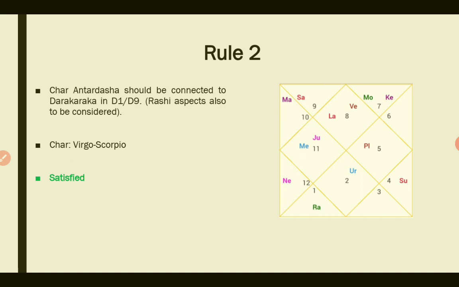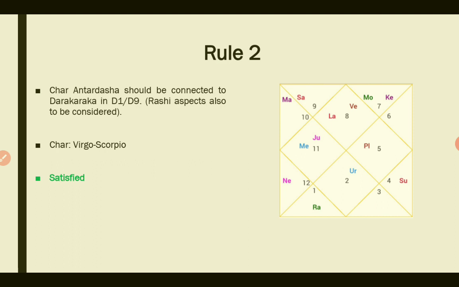If you look at the Navamsha of the native, Rahu is situated in Aries. The Chara Dasha sequence which was running during his marriage was Virgo, Scorpio. So the Antardasha is Scorpio. Now let us look at how Scorpio is connected to Rahu. We can see that Scorpio and Rahu are not in 1-7 position, so there is no direct connection between Rahu and Scorpio.